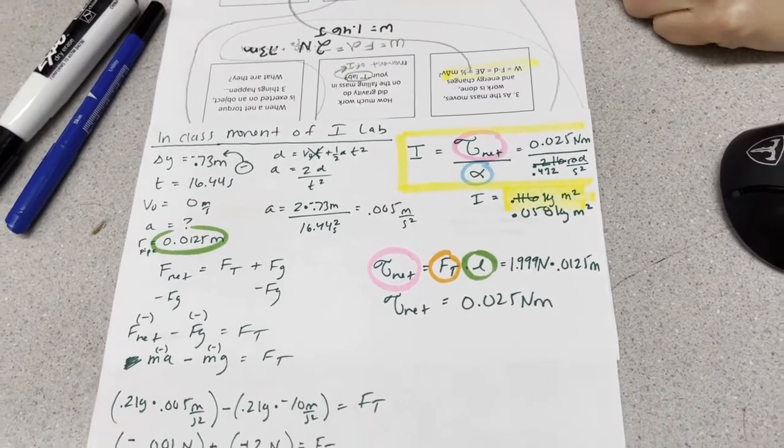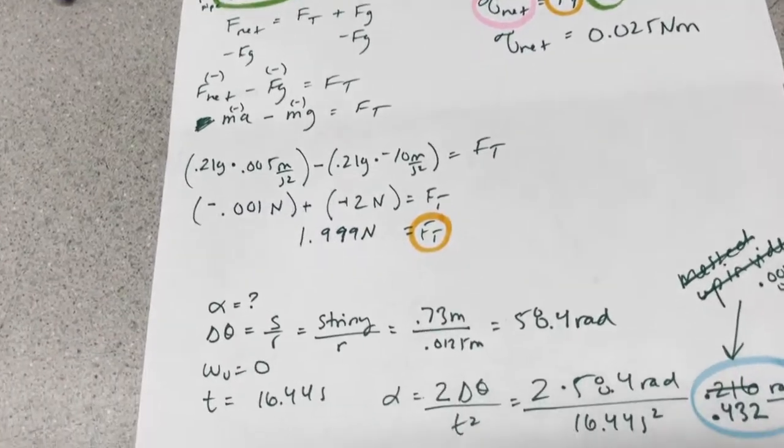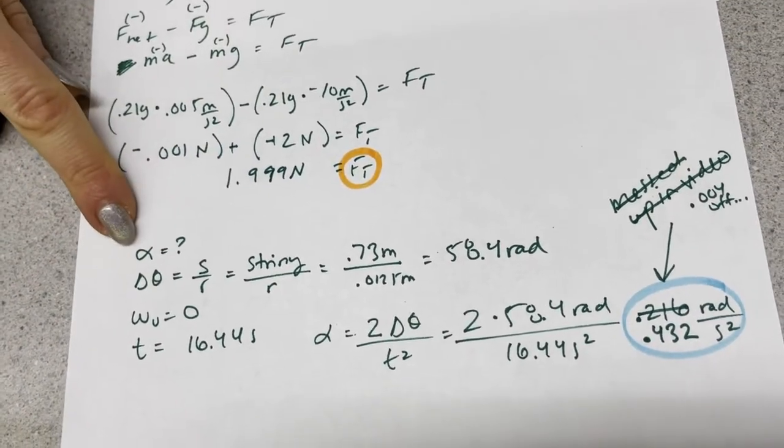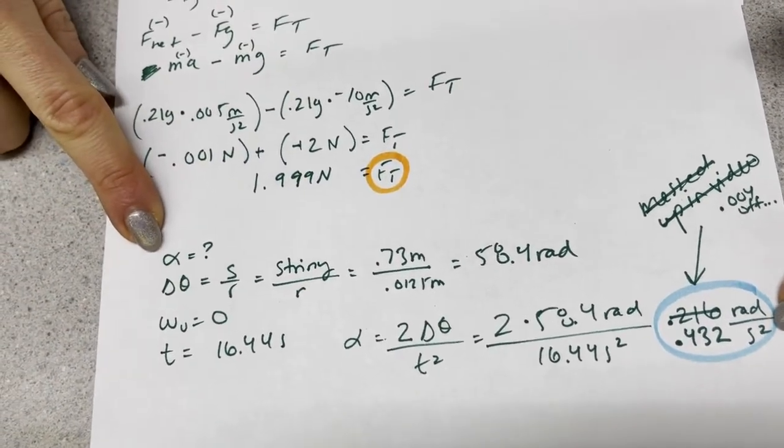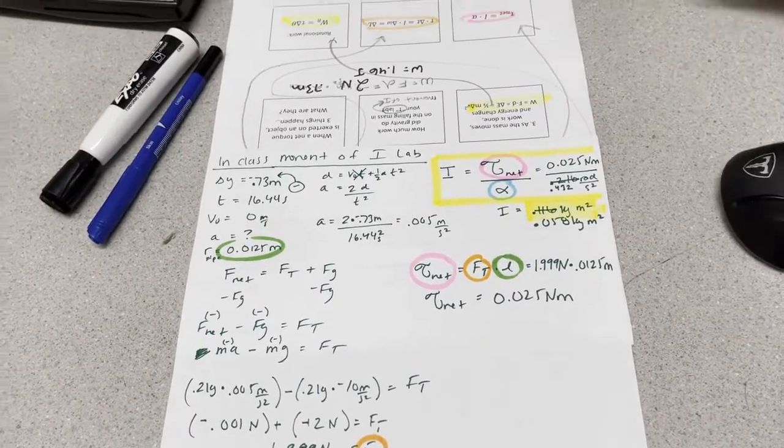What we had to do is find the angular acceleration, which was 0.432 radians per second squared. You can use that angular acceleration to find the final angular velocity.